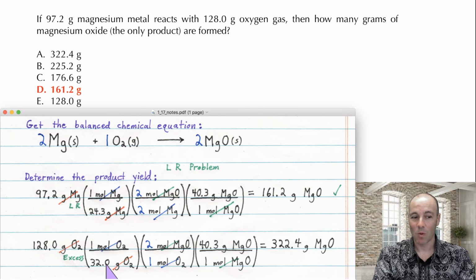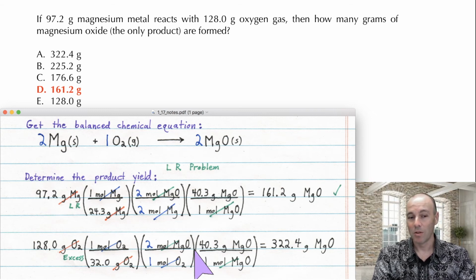And you can see that 128 over 32 is 4 again. So we're starting out with 4 moles of O2. And this time it's a 1-to-2 ratio from the chemical equation. So that's 1 to 2. And then when we take 4 times 2, that gives us 8 moles of magnesium oxide product.